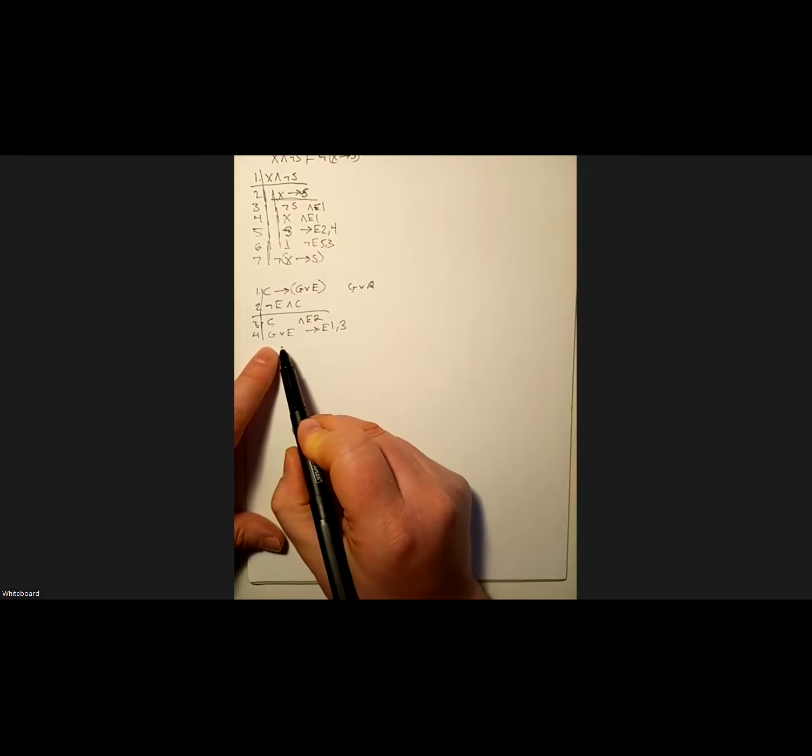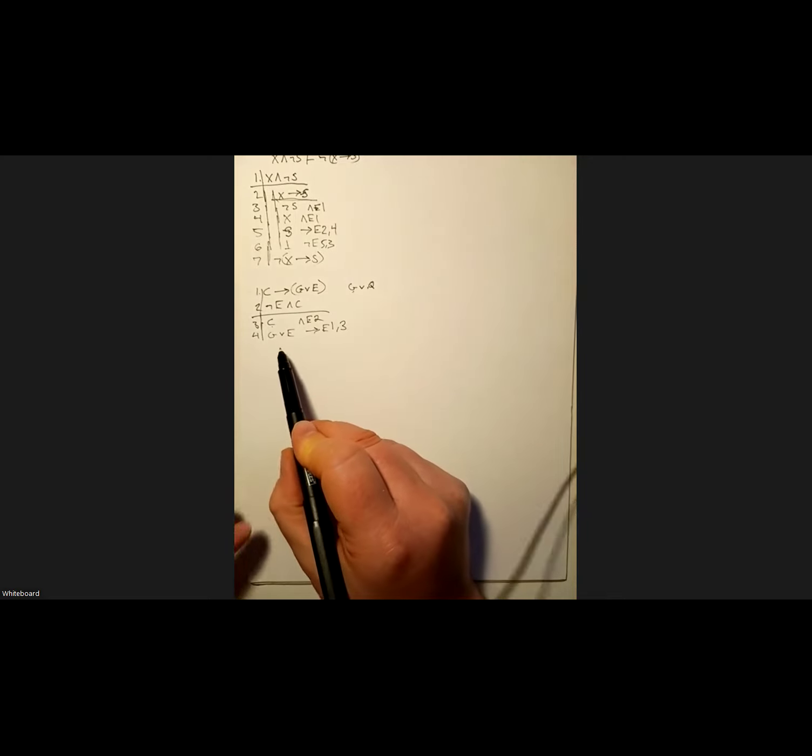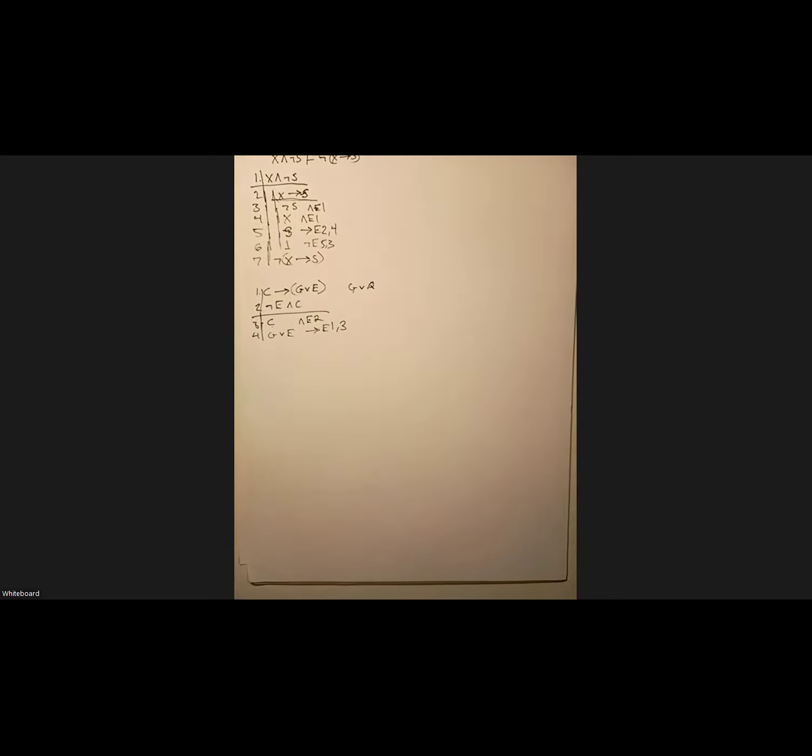The cheap trick we got is we can do disjunctive syllogism. So disjunctive syllogism says if you have a disjunction and the negation of one of the disjuncts, then you can get what's left.